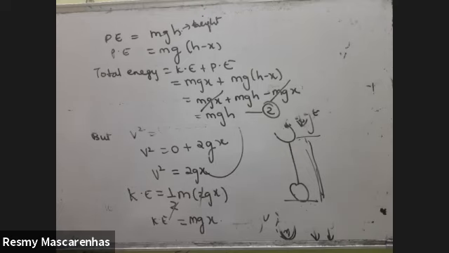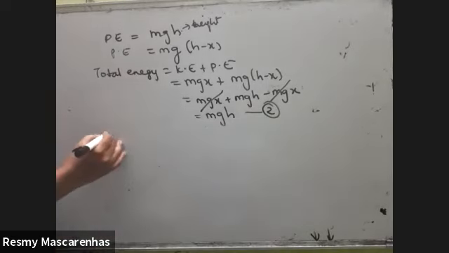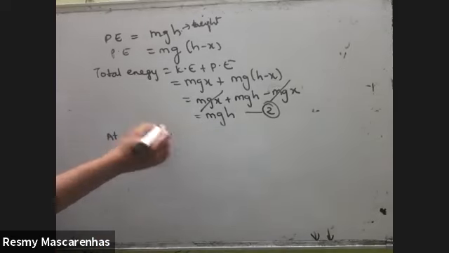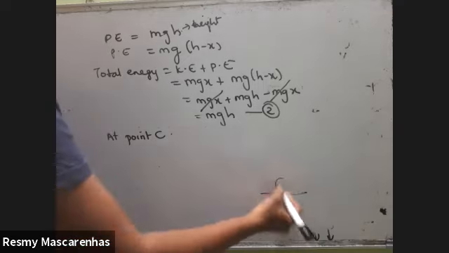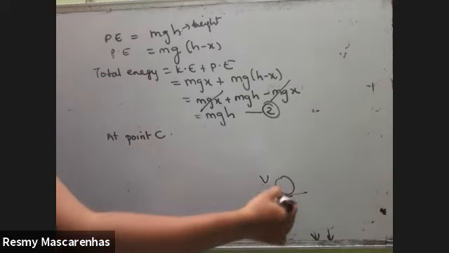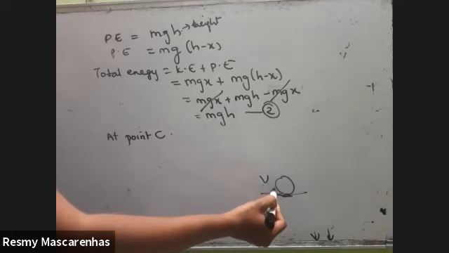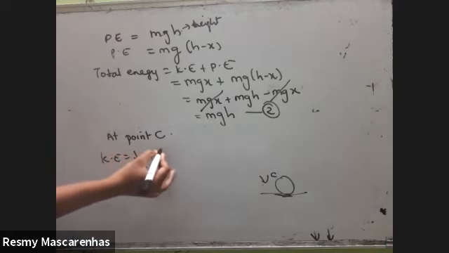And now the final one, that is point C. Whenever we calculate the final, just before hitting the ground, it still has that velocity v. Don't consider that it reached there and then became 0. Just before hitting the ground at point C, velocity is still v.